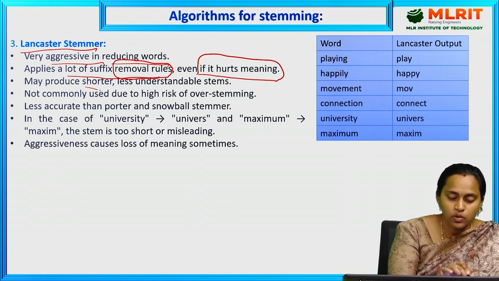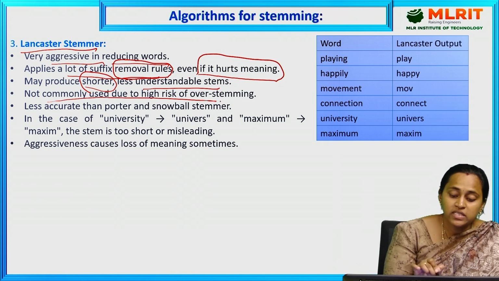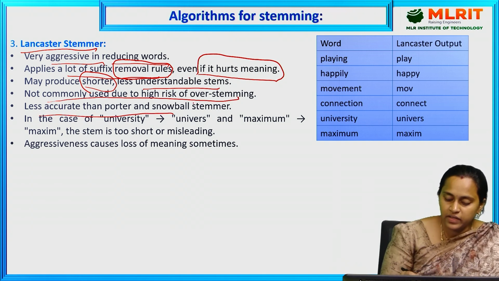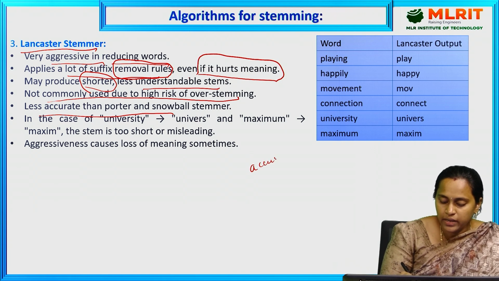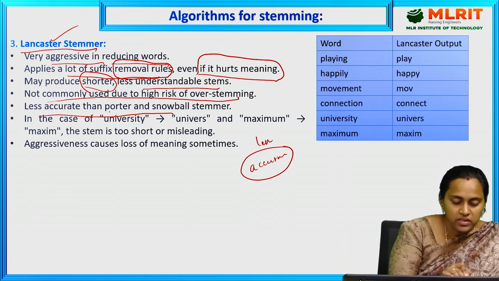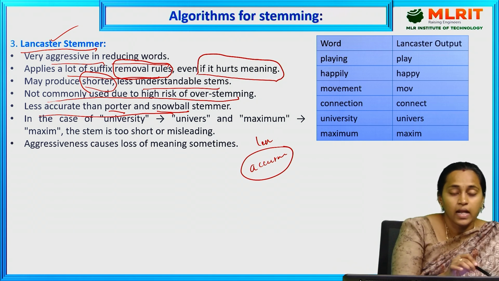It produces shorter, less understandable stems, with a high risk of overstemming. So in terms of accuracy, Lancaster stemmer has much less accuracy compared to Porter stemmer and Snowball stemmer. Lancaster is the least accurate.